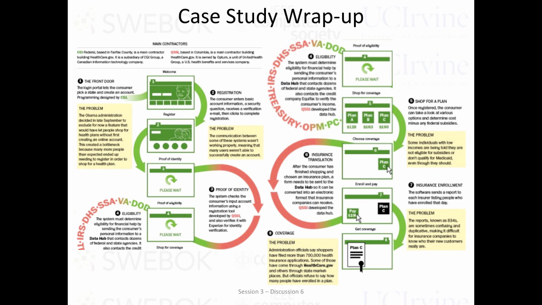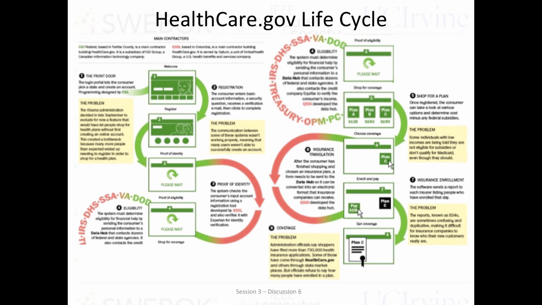When we look at the overall case study, we looked at this main diagram that has been used throughout the course and talked about the problems with HealthCare.gov. One of the main problems for the overall system was that there was no way they used any kind of software engineering practices.